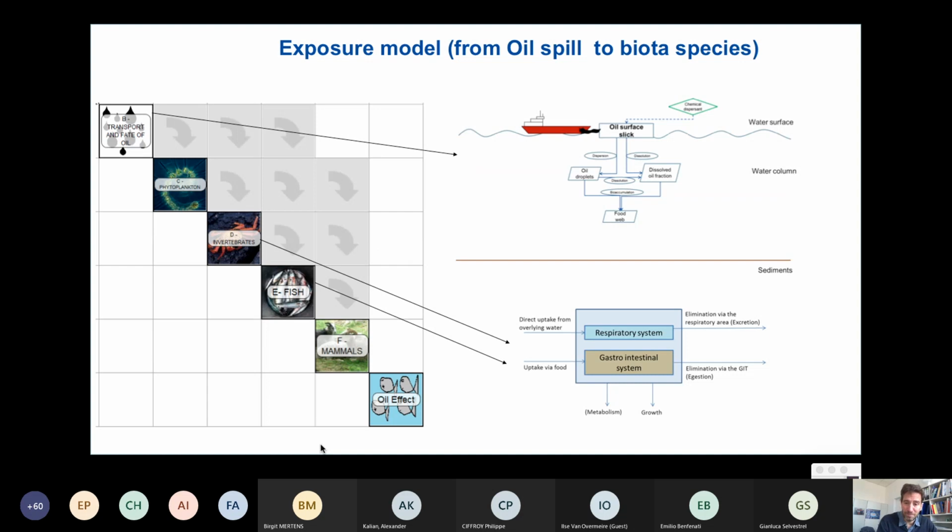And in the end, there are all these little boxes where you see the flash shows some transfer process. So the uptake of oil components via the water phase, or in the higher trophic levels, also via ingestion via the food. So the fish that might eat some kind of crab would also incorporate the oil which has been taken up by the invertebrate earlier.